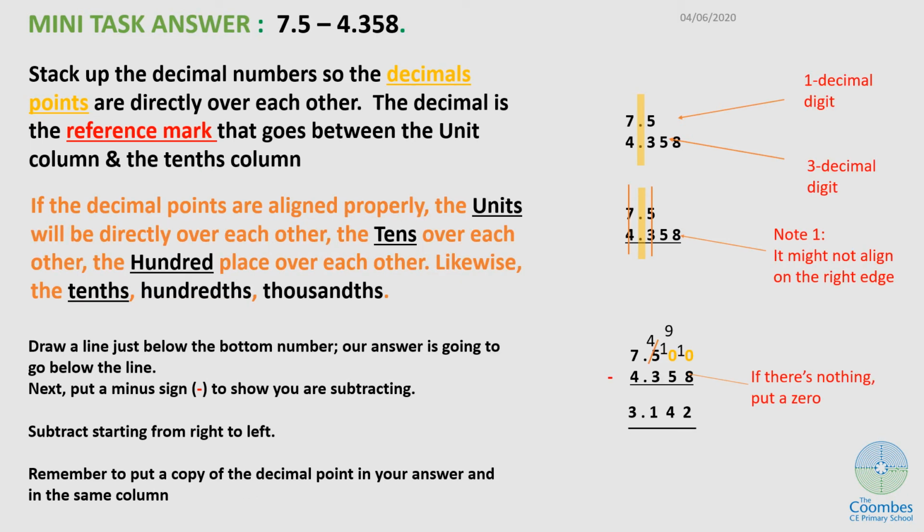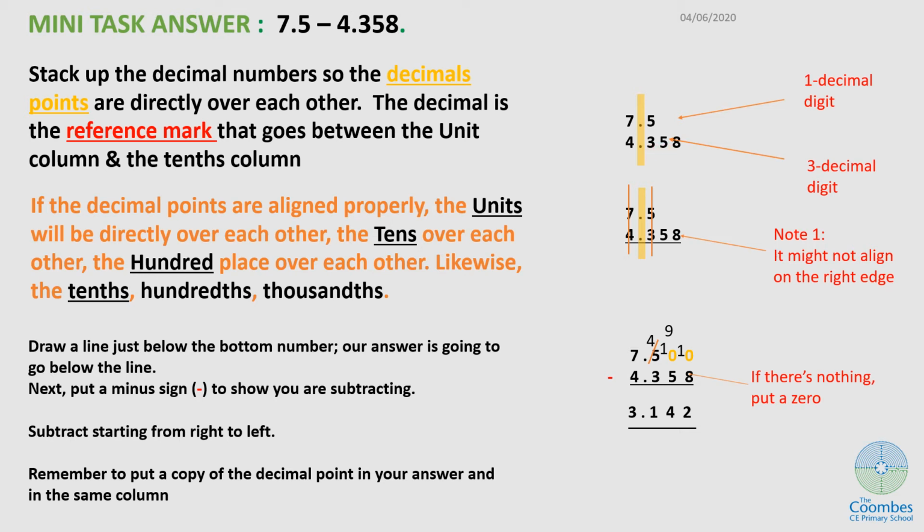How did you do? Now, for a start, you stack up the decimal numbers directly over each other like this, but the decimal point as a reference mark should be in the same column. So you have 7.5 and we are taking away 4.358.